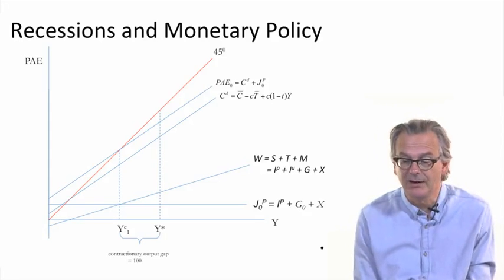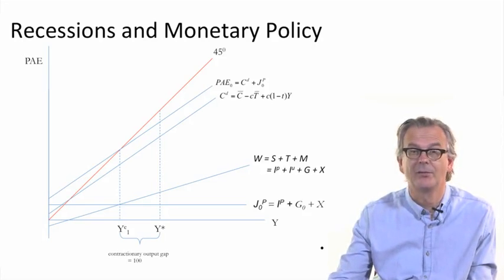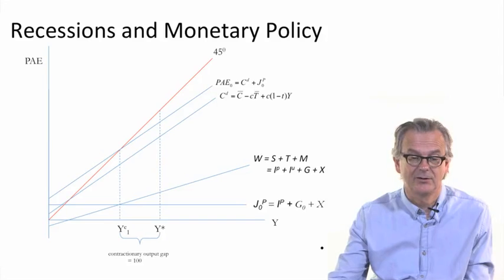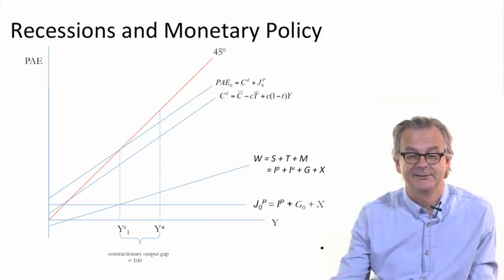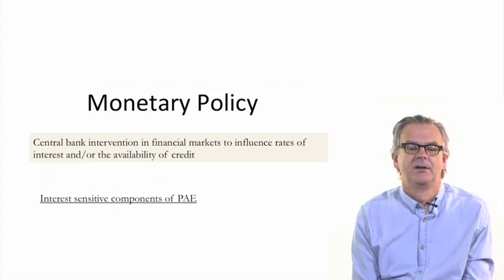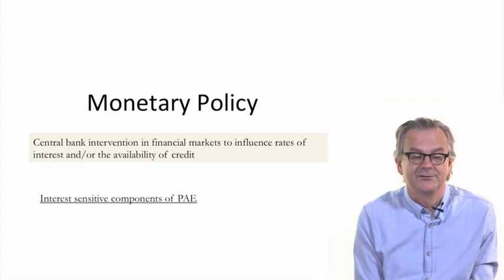So that's the aim of government management of the macroeconomy, at least in this context. Now, how can monetary policy assist this process? What is monetary policy, first of all?